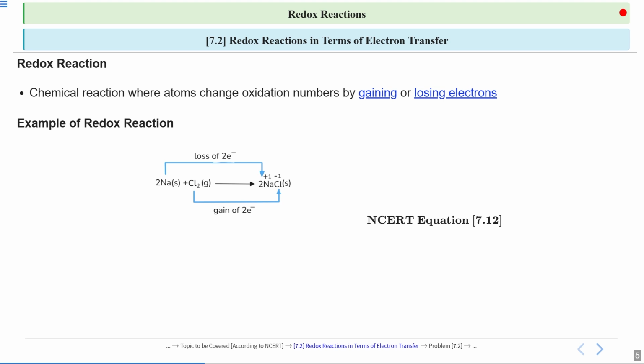Here Na is being reacted with chlorine, in which Na has an oxidation state of 0, while the oxidation number of Cl2 is also 0. And then in the product NaCl, the oxidation number of sodium is +1, while the oxidation number of Cl is -1.